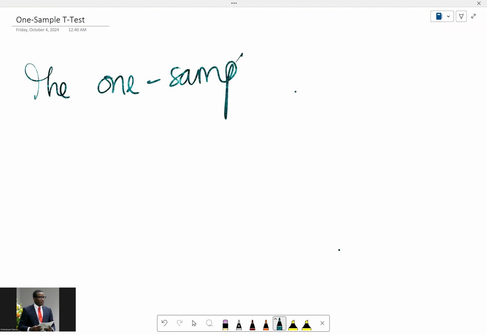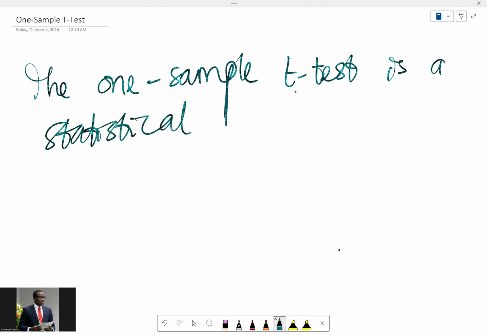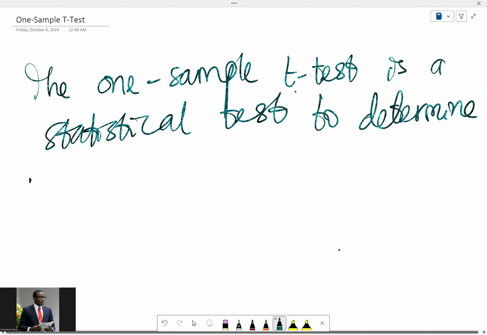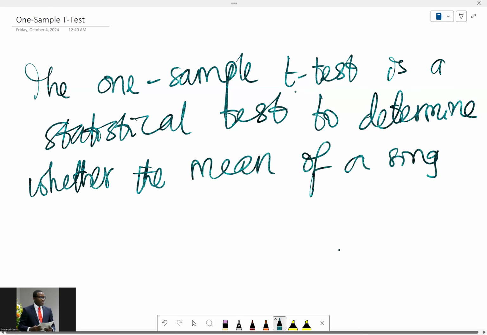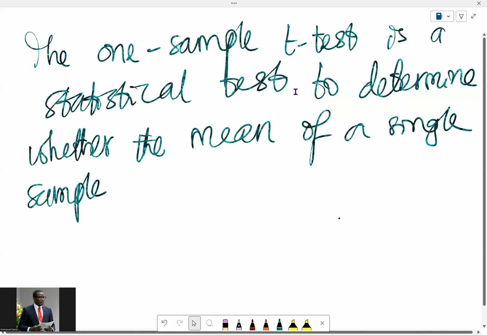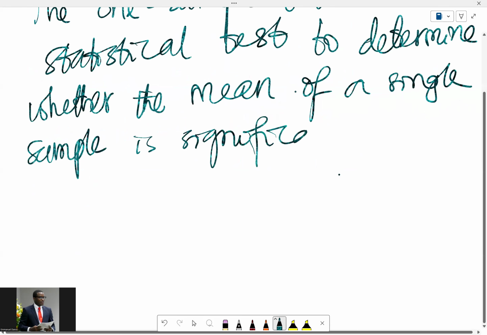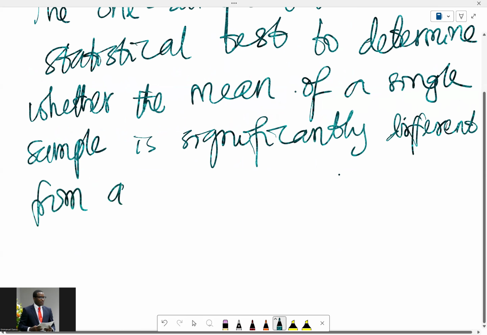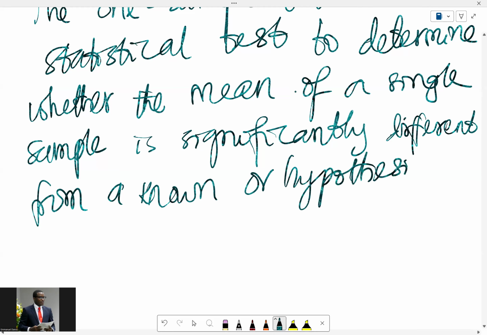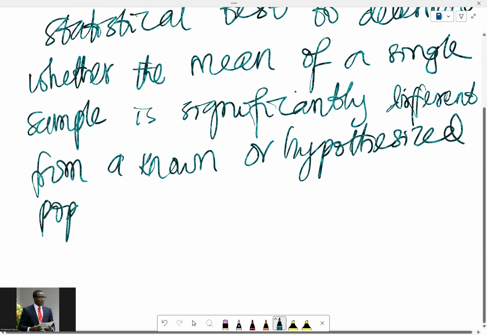The one sample t-test is a statistical test to determine whether the mean of a single sample is significantly different from a known or hypothesized population mean. Okay, so here it's only one sample, right?